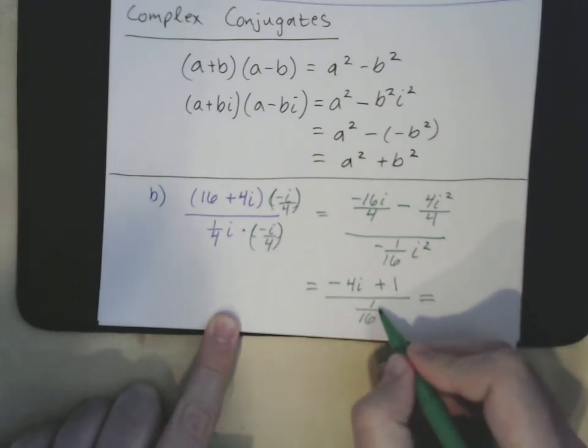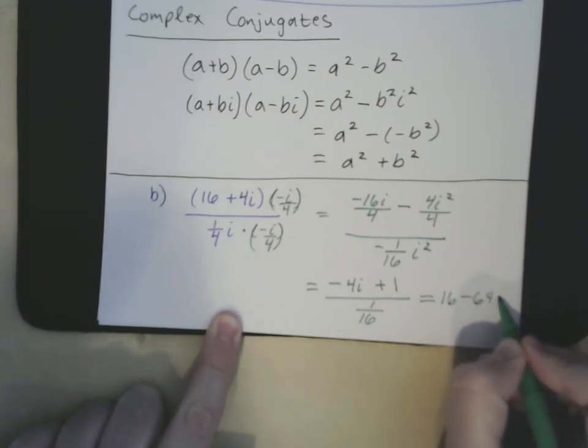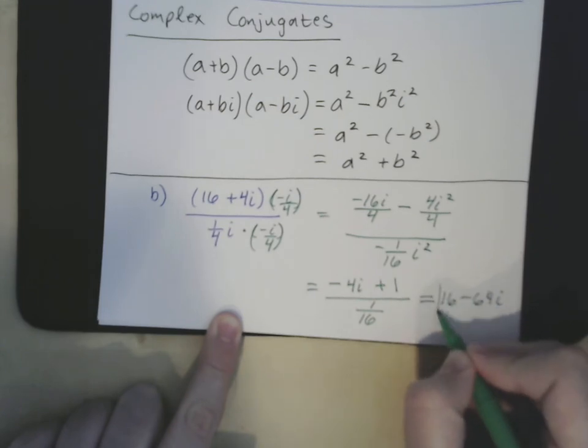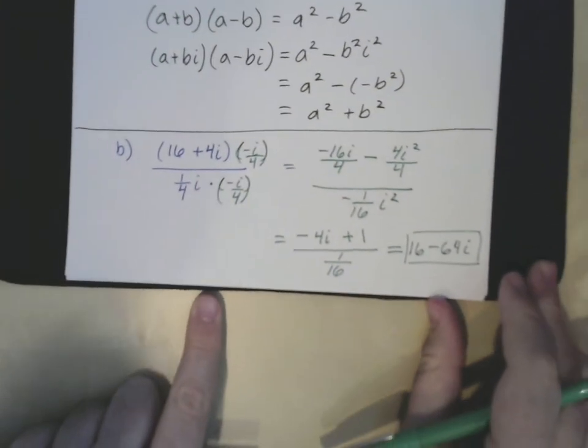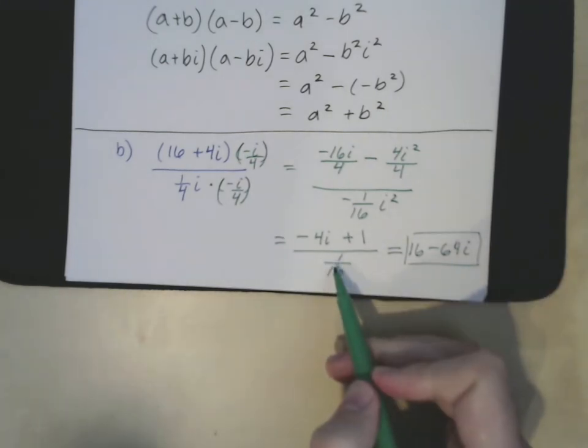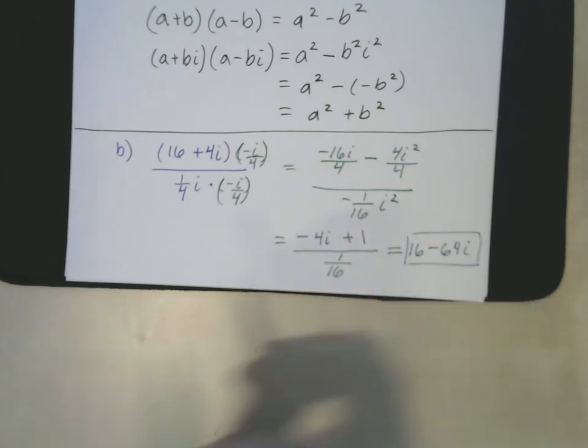And then we just flip and multiply. And so we end up with 16 minus 64i. And that's just multiplying by the reciprocal here. So this divided by 1/16 is the same as this thing times 16.